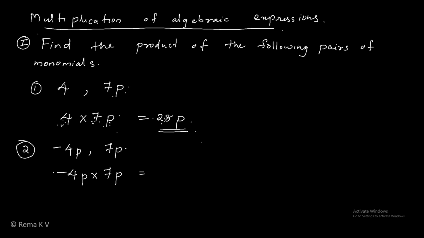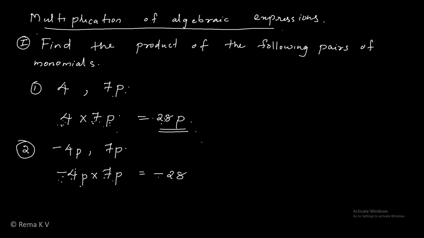Here the numerical factor is minus 4, and in the second one it is 7. So minus 4 into 7 is minus 28. One number is negative and the other one is positive, so minus into plus gives minus. 4 into 7, 28. So it is minus 28.